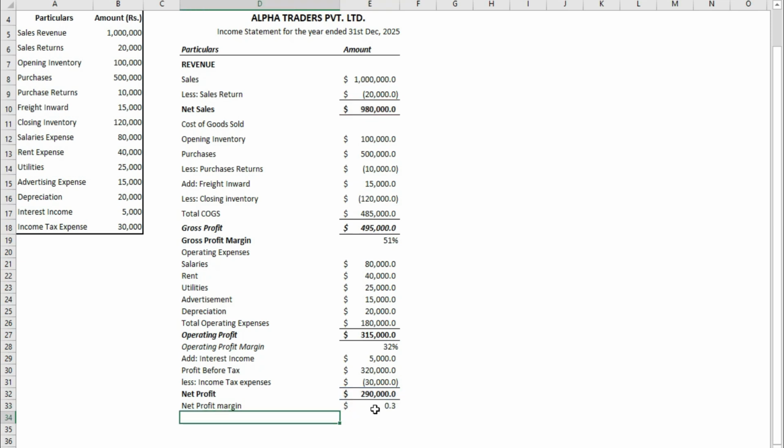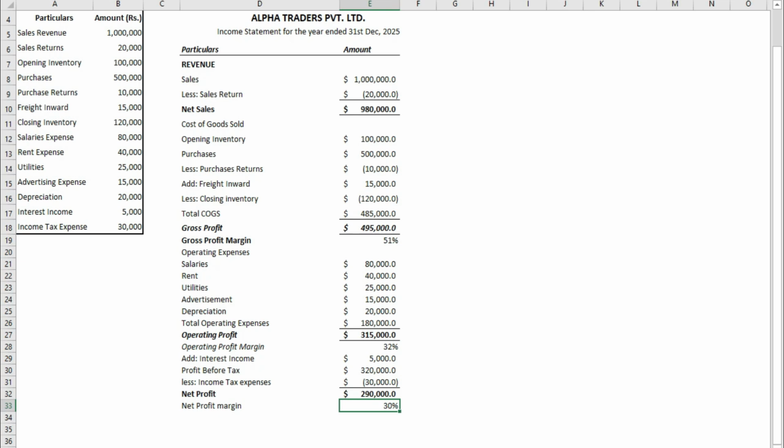So we have the net profit margin, which is nearly 30% of sales converted into pure profit. A strong net profit margin usually indicates good pricing power, cost control and efficiency in operations.